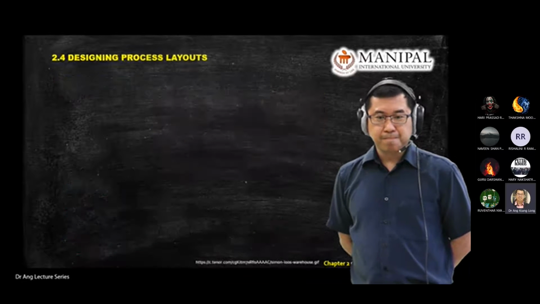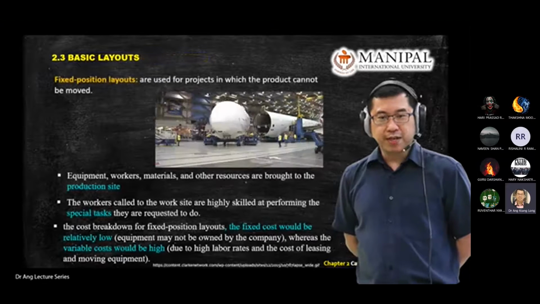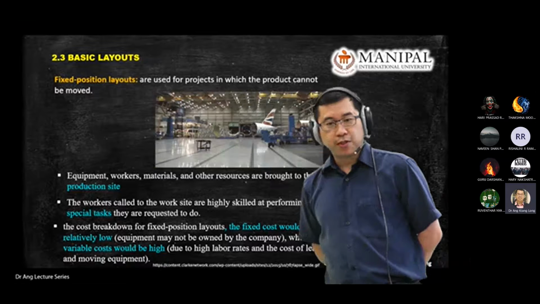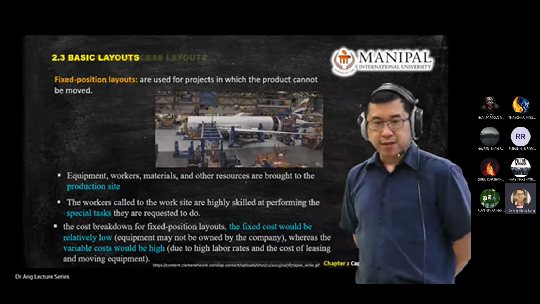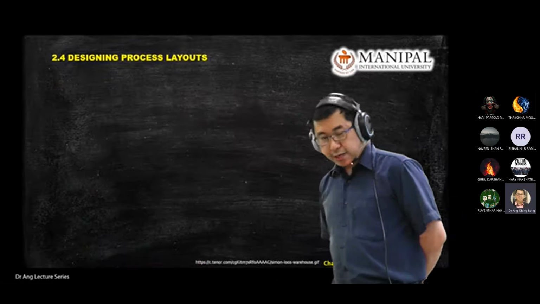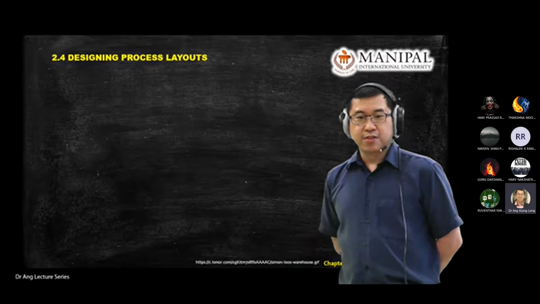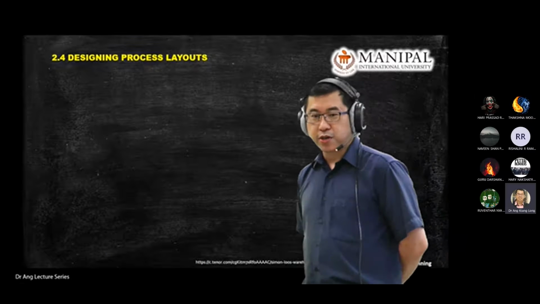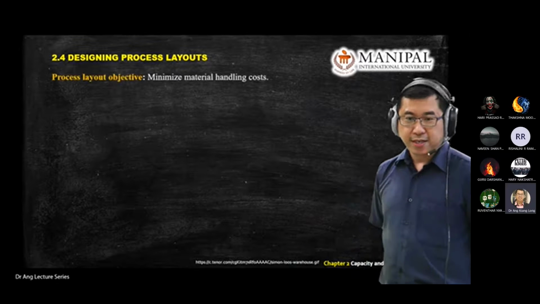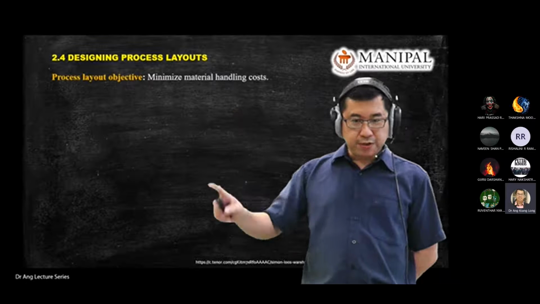Okay. We have done with the layout. We have seen a few types of layout. Now we go into designing. Again, this section is very interesting for those who like to arrange things and keep things in order. So the definition first.